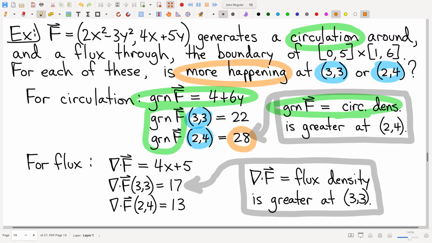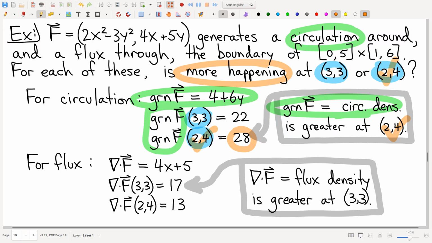And that means that there is more happening at the point 2, 4 than there is happening at 3, 3. Both are contributing. You can see right here with the numbers. Both of these points, what the vector field is doing at each of these points is contributing positively to the circulation. But more so at 2, 4, less so at 3, 3. Does that make sense to everybody?